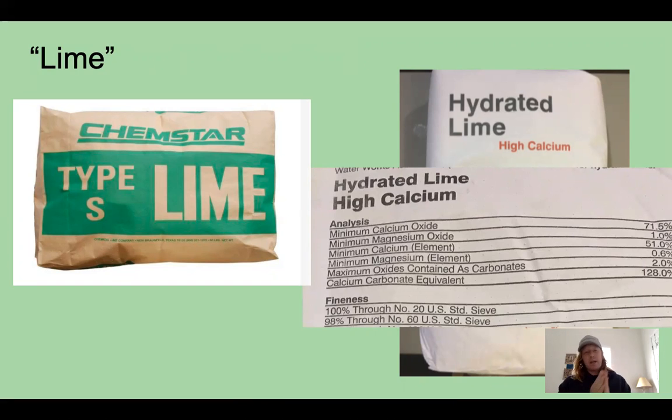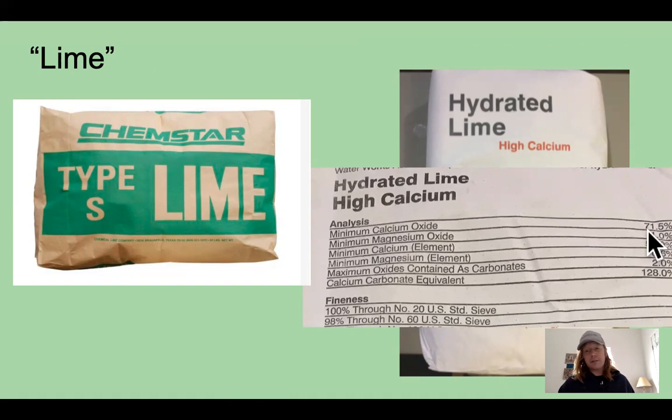And even there, we have to parse out what we're talking about when it comes to hydrated lime. Some people talk about using type S hydrated lime for this lime pasteurization method, and that's not quite right. That stuff has a little too much magnesium in it. What you want to do is try and find a food grade high calcium hydrated lime.